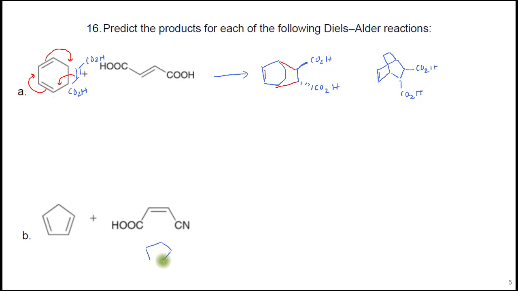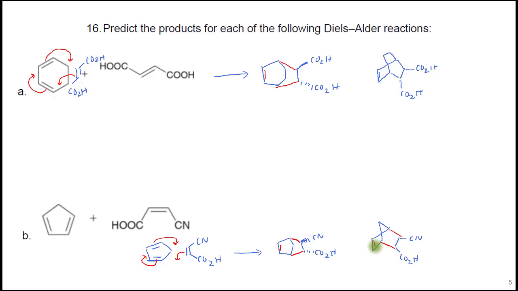Here I need to flip both of these products around, so I'm just going to actually redraw these. New bond, double bond, and then the bridgehead carbon. There's the two versions there.